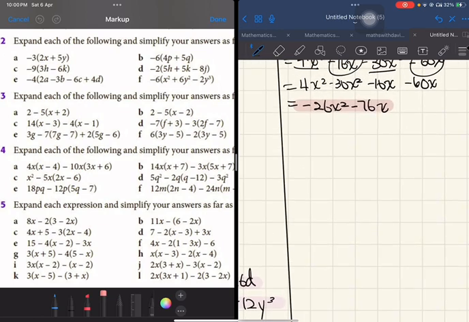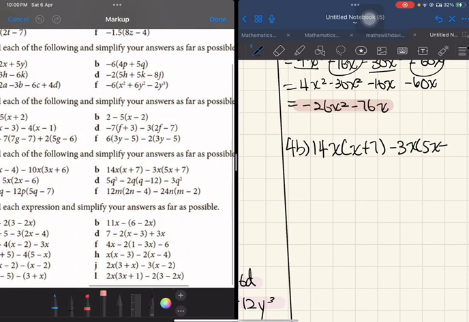Alright, let's continue on. For B, 14x times x plus 7, and 3x times 5x plus 7. Okay, 14x times x, you're gonna have 14x squared. 14x times positive 7, you're gonna get 98x.